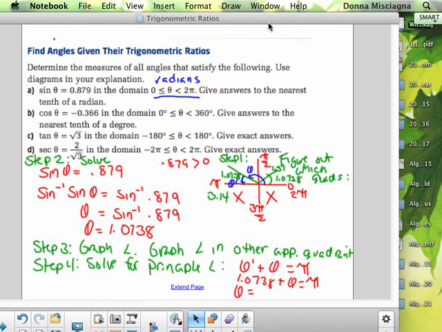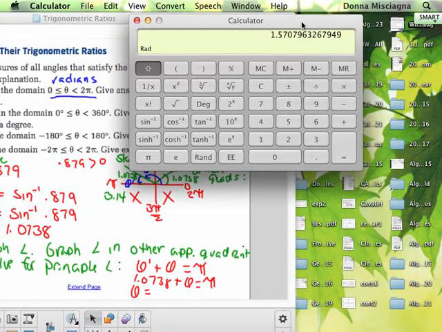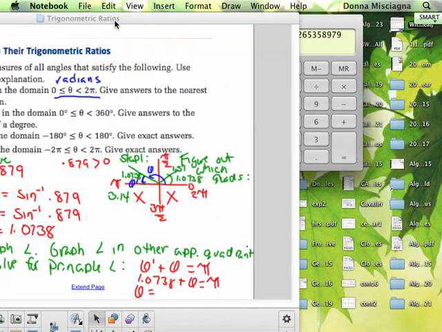And I'm not that great at subtracting decimals in my head. All right, so pi minus 1.0738. All right, so 2.0678.